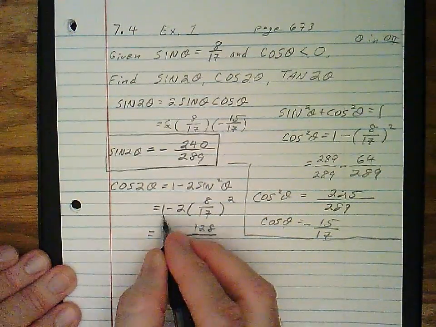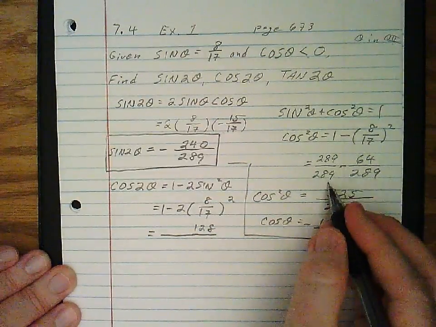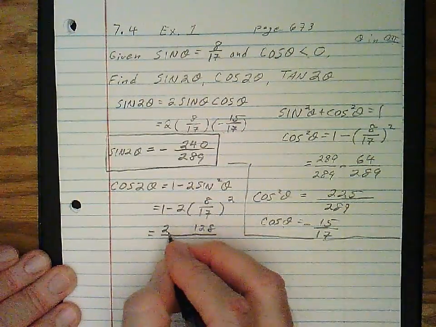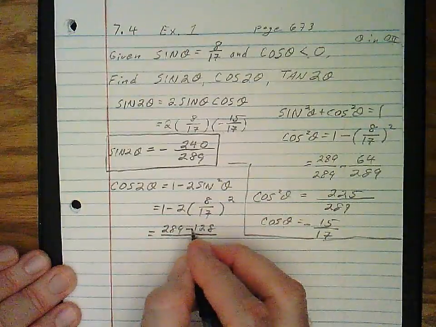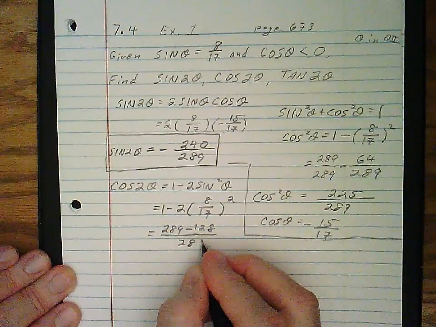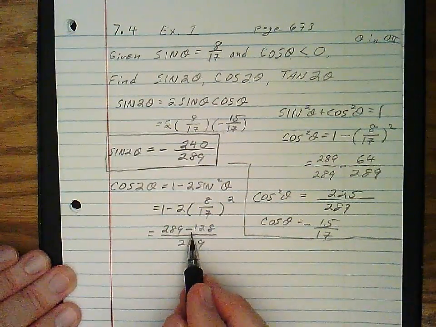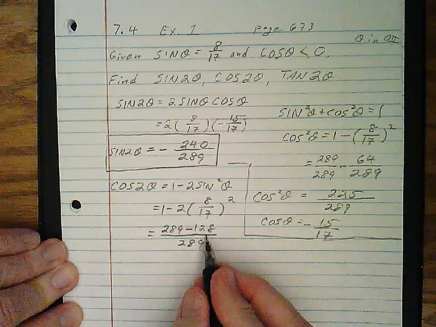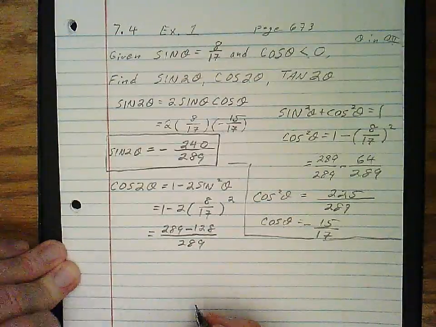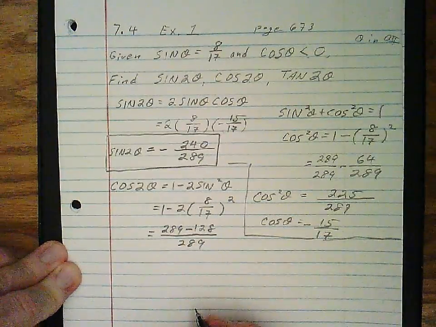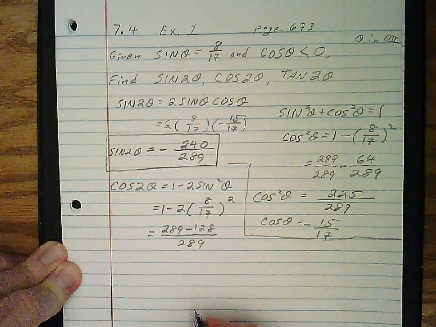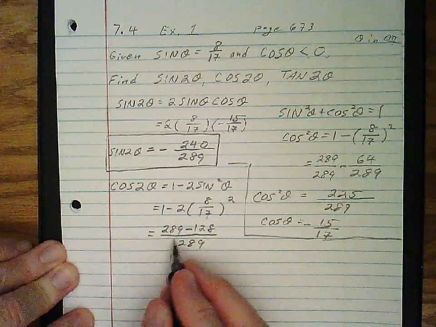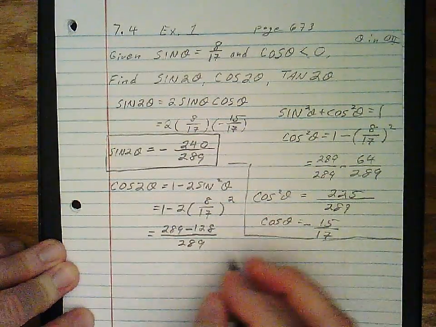Well, let's just join this all together, right? 1's going to come disguised as 289 over 289. So here's my 1 minus 2 times 8 over 17 squared. So I subtract 128 from 289, and I think I get 161. Yeah, I do.